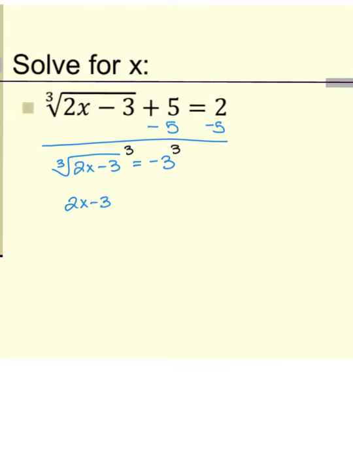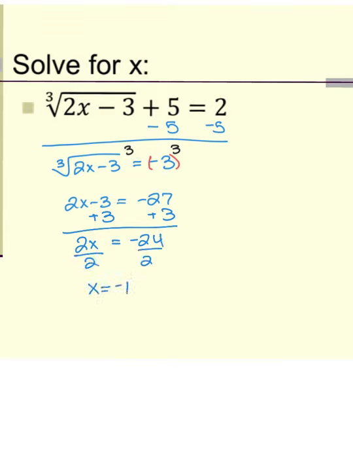If you want to do this in the calculator, make sure you type in negative 3 cubed in parentheses, because that's really saying negative 3 times negative 3 times negative 3. That gives me negative 27. Now I'm going to add 3, add 3. I get x equals negative 12.